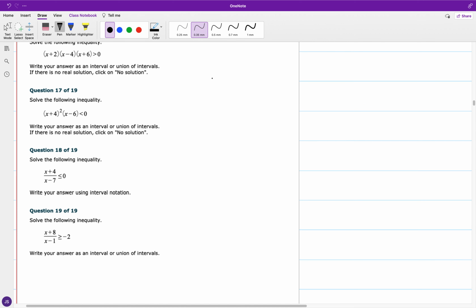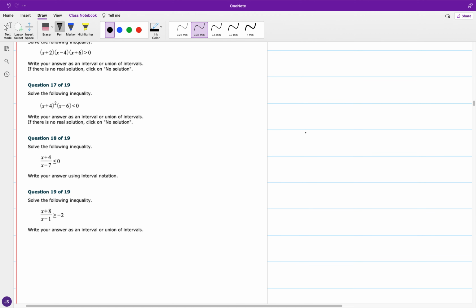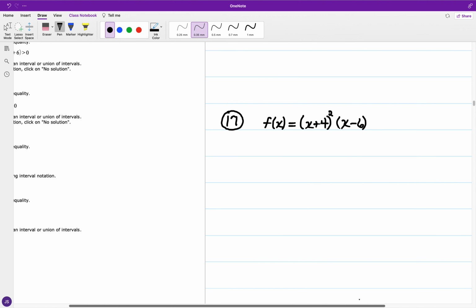For number 17, we have our function f of x equal to the square of x plus 4 times the binomial x minus 6, just looking at what we have in the setup.